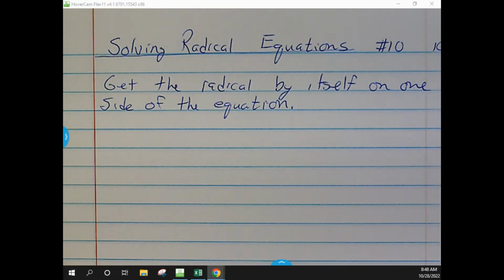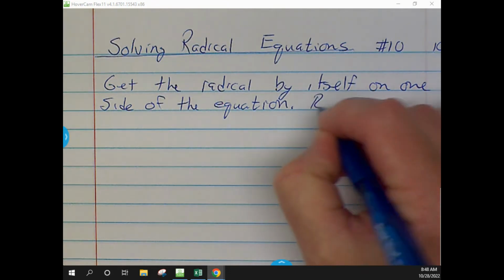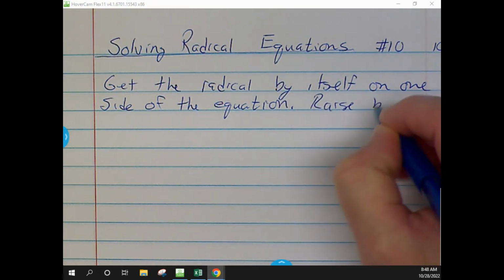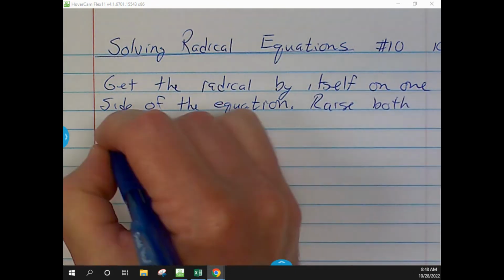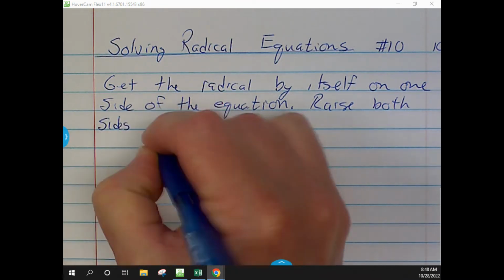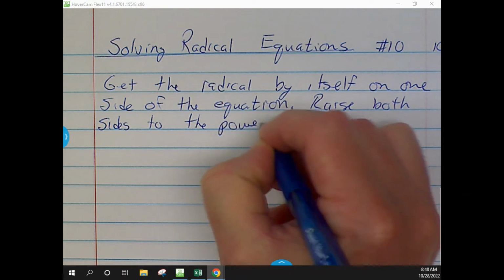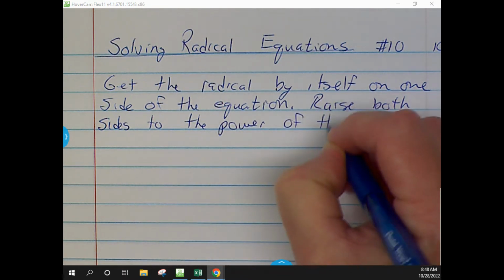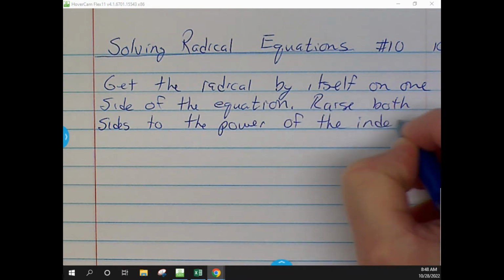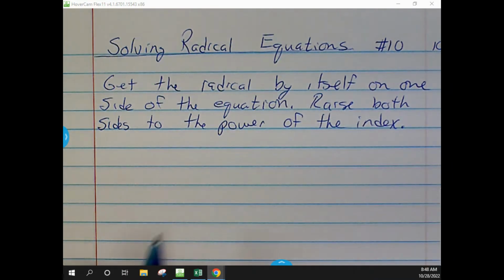And then after you do that, you're going to raise both sides to the power of the index. Okay. And almost all the problems we're going to do are going to be based on that.